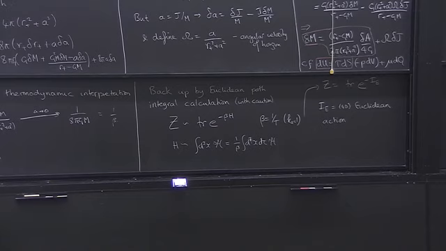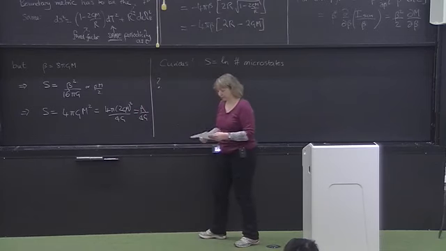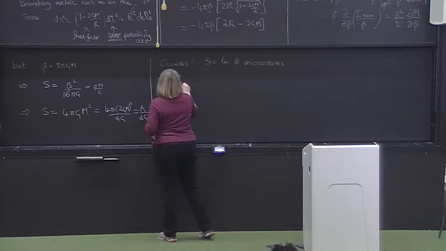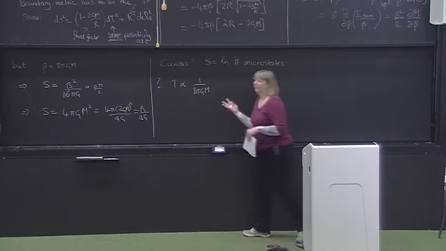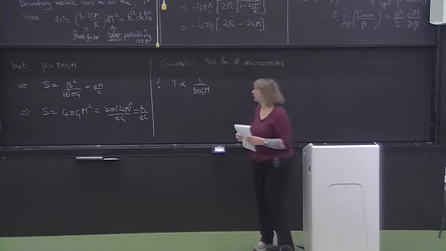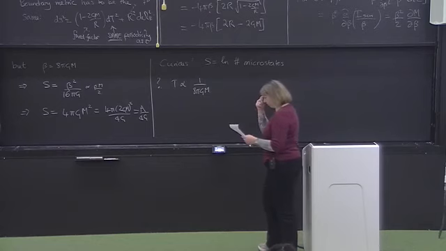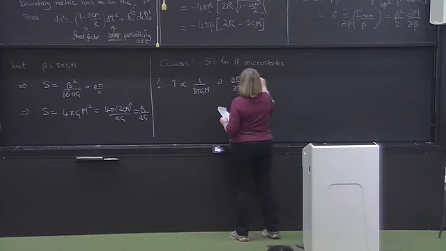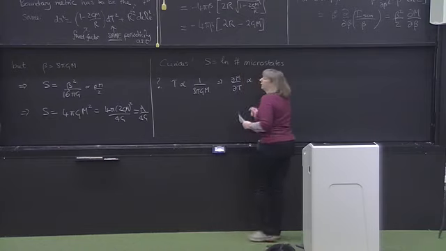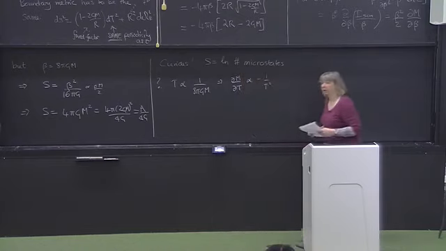Another issue with black hole thermodynamics is that, with our choice of fundamental constants, T is inversely proportional to M. So dM by dT is negative. The specific heat of a black hole is negative.